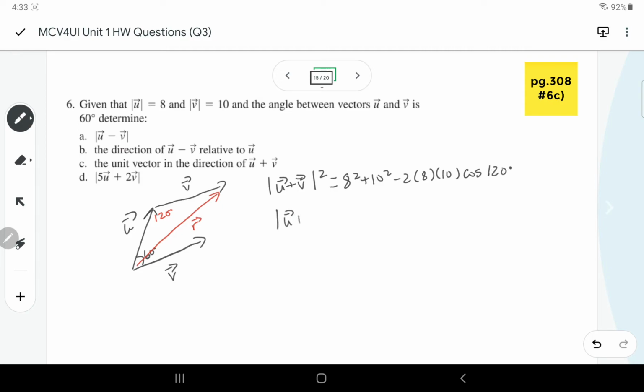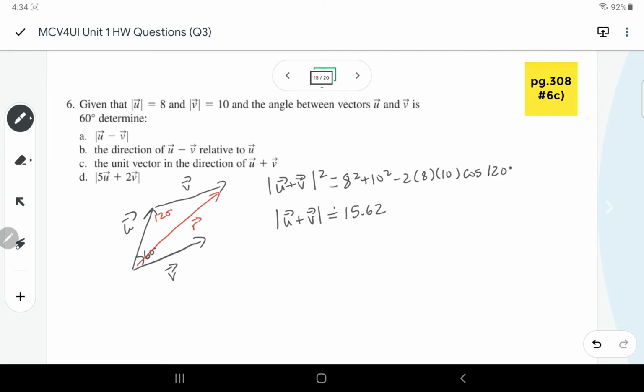So the magnitude of u plus v, calculator out, is about 15.62.